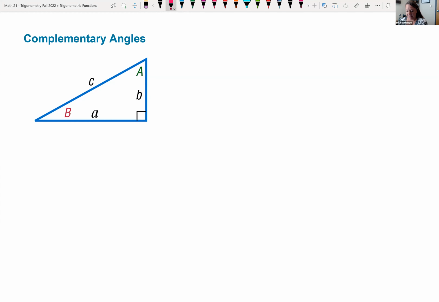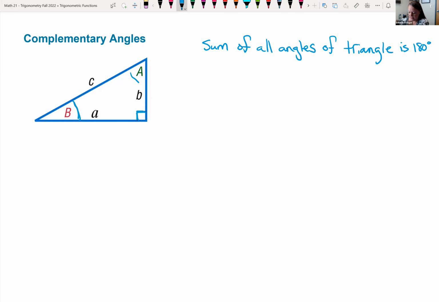So if that's the case, and we know that this is a right triangle, another thing you need to know is that the sum of all angles of a triangle has to sum to 180 degrees. So if this is 90 degrees, we know that these other two angles in here, that sum also has to be 90 degrees, that sum of A and B, because 90 plus 90 is 180.